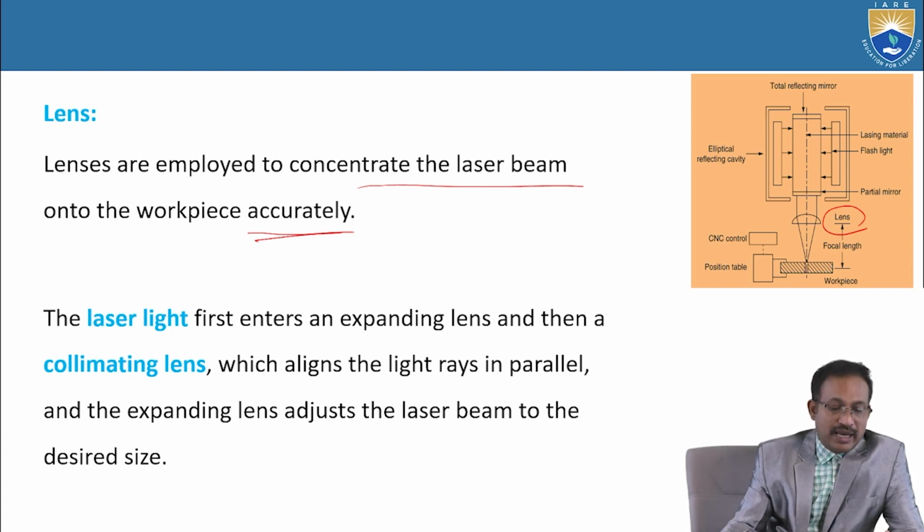The laser light first enters an expanding lens and then a collimating lens. So here we have two lenses.